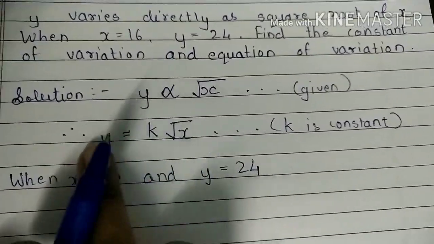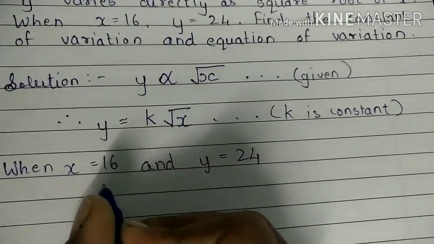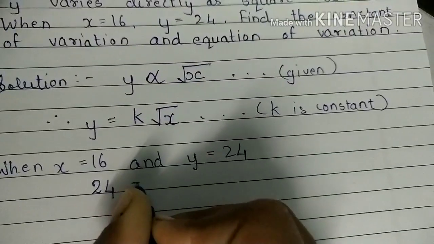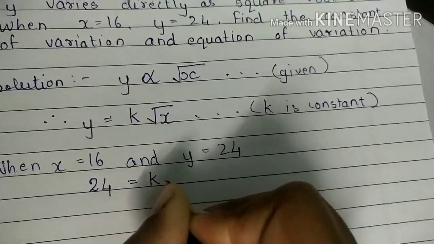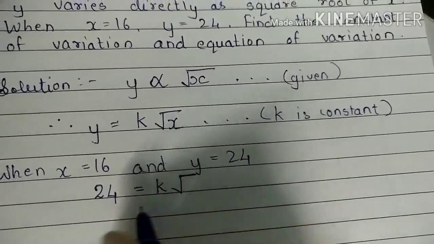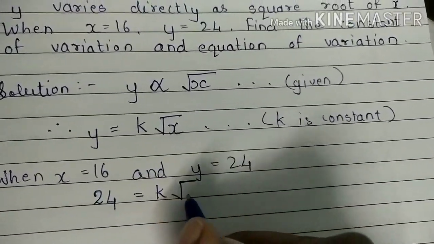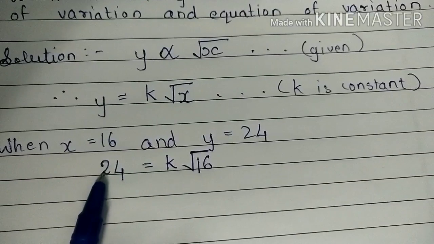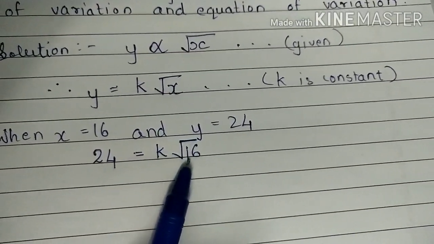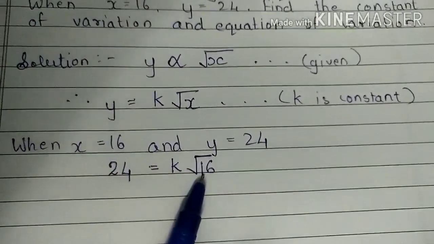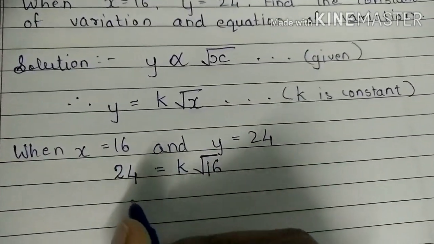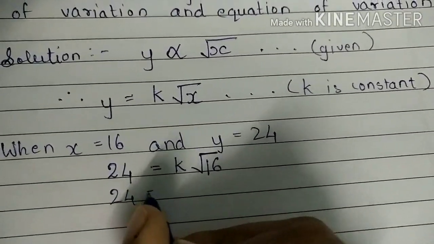So in place of y, you will get 24, and in place of x, you will get 16. Now, what is the square root of 16? The square root of 16 is 4.